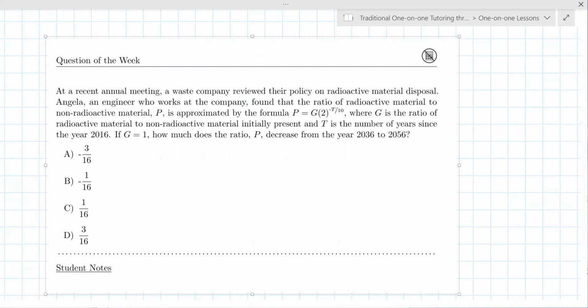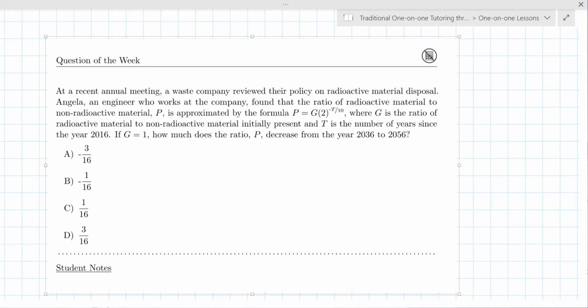Okay, so have you read through the problem? Yeah, pretty confusing. Okay, so I'm going to read it out loud.